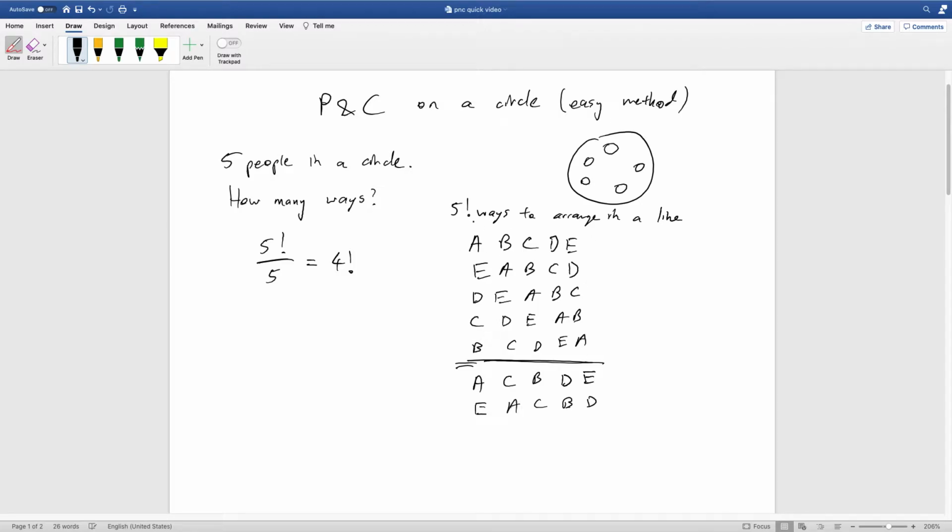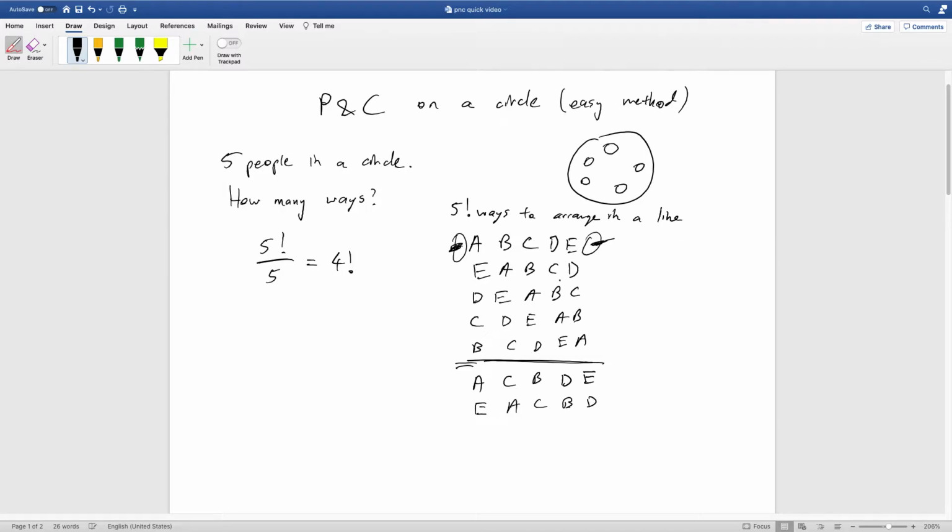So as I said, there are 5 factorial ways to arrange 5 people in a line. However, because we are in a circle, over here there is like a wormhole that joins this part of the universe with this part of the universe, right? So if you arrange them as A, B, C, D, E in a circle, then it's equivalent to arranging them as E, A, B, C, D in a circle, because it's just a rotation of the 5 people.